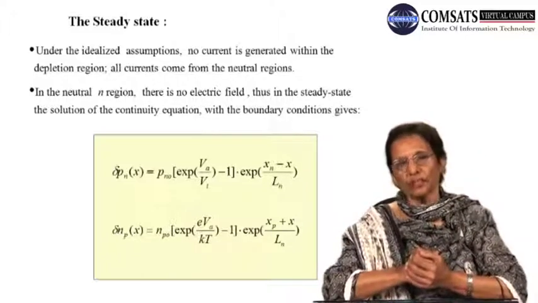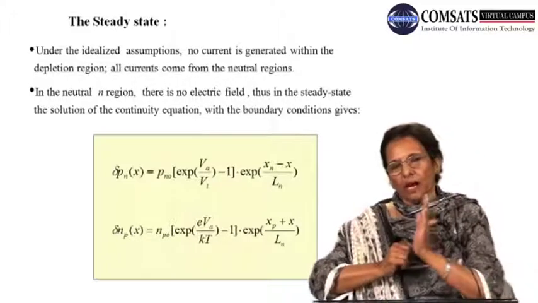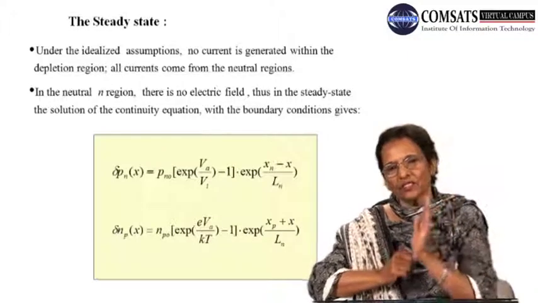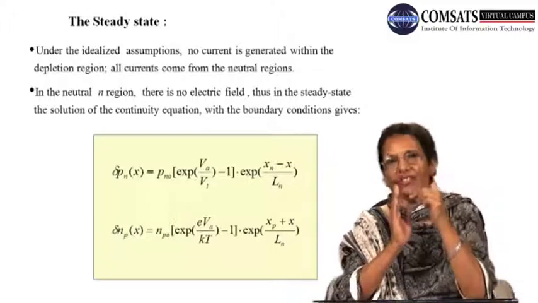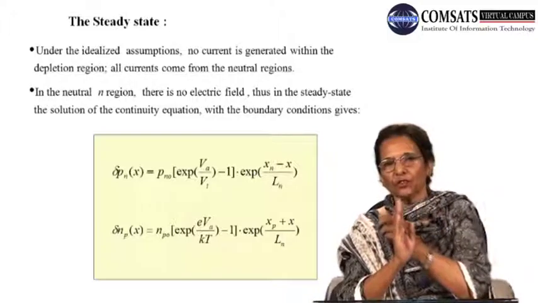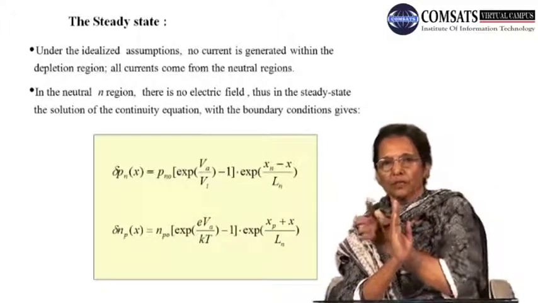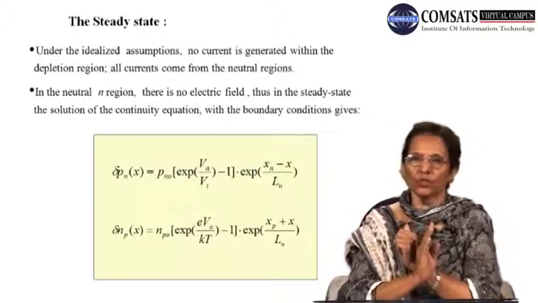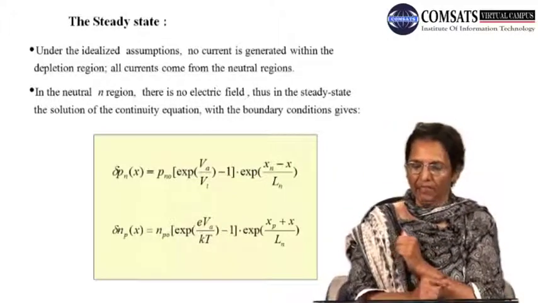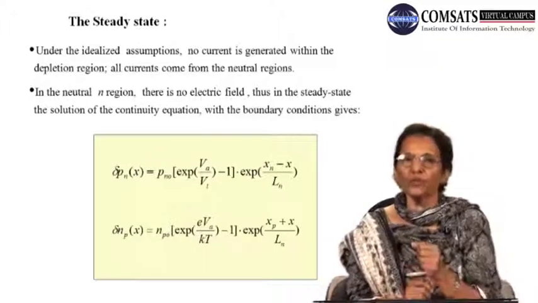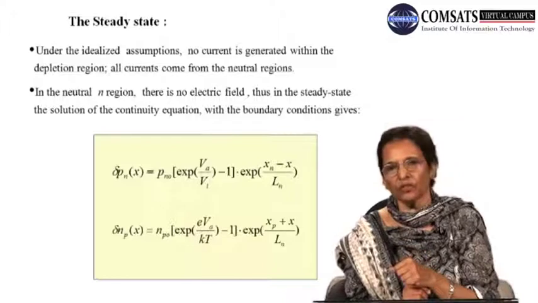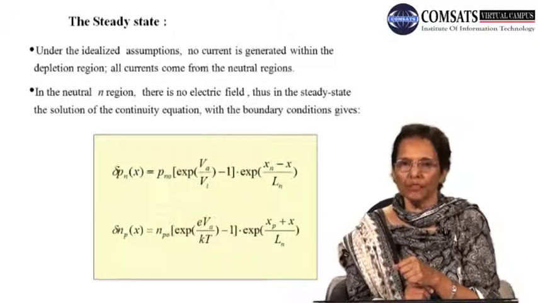It also depends upon how far the injected electrons diffuse from the boundary towards the end of the neutral P region. Hence I have defined another term, which is the diffusion length L for the electrons in the P region.